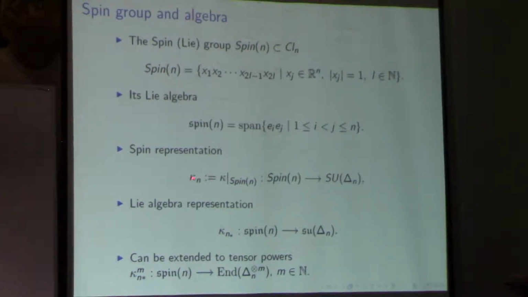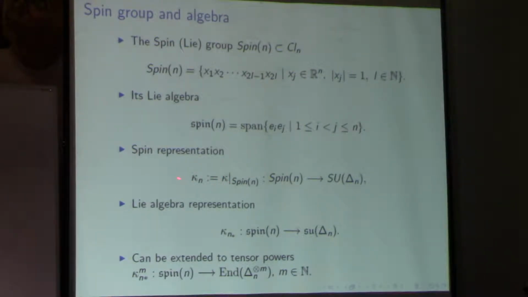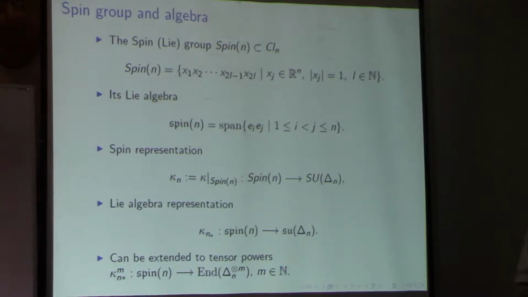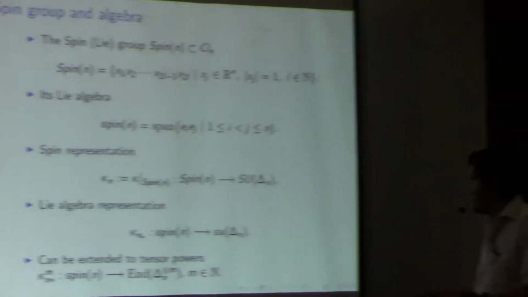The spin representation is just a restriction of that big representation of the Clifford algebra to this subset, yeah? And it is in fact a special unitary representation. Therefore, it's a Lie group, and then by taking derivatives we have a representation of the spin algebra, and it can be extended to tensor products using Leibniz, yep, which we are going to use.